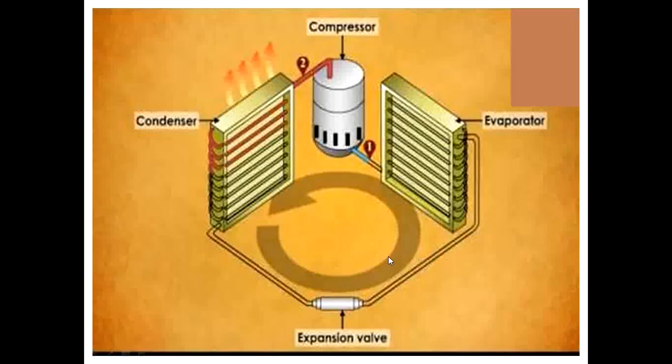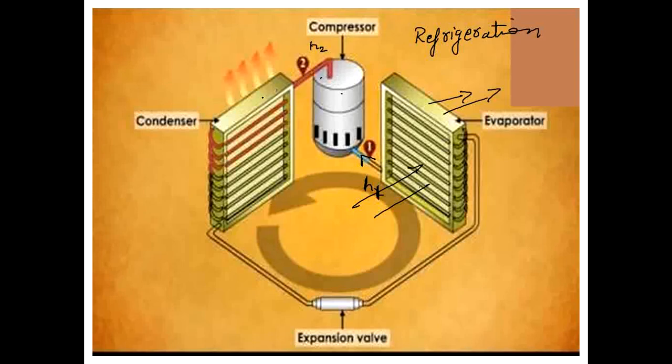This is the typical sketch of the compressor, evaporator, condenser and expansion valve, which comes in your refrigeration. Here the fluid comes from the compressor in this direction. In the evaporator, it absorbs the heat energy from the hot fluid and makes it cold, then the refrigerant gets evaporated and goes to the compressor.